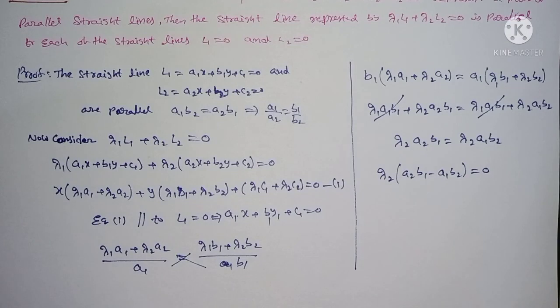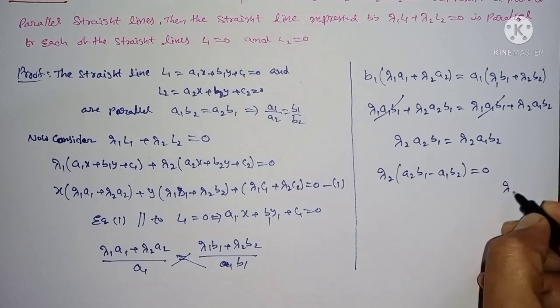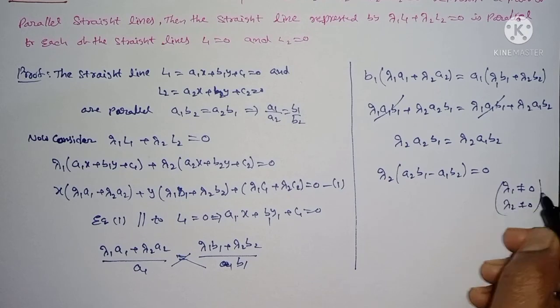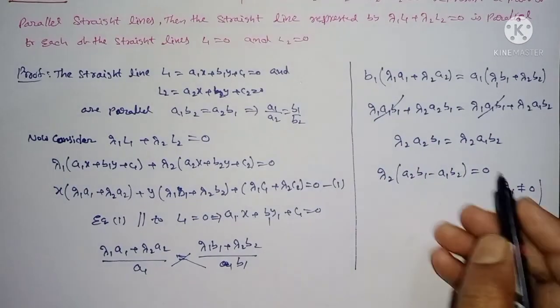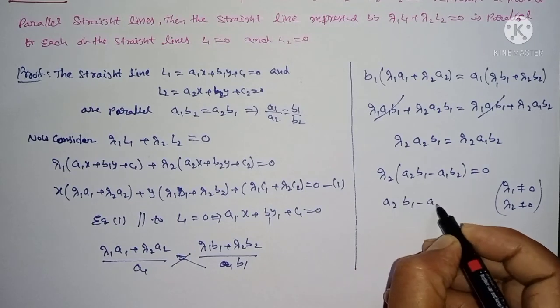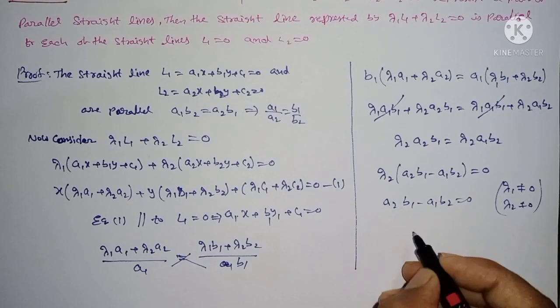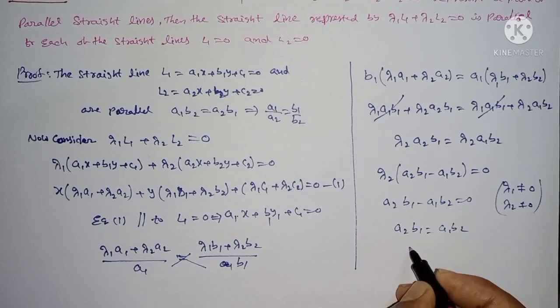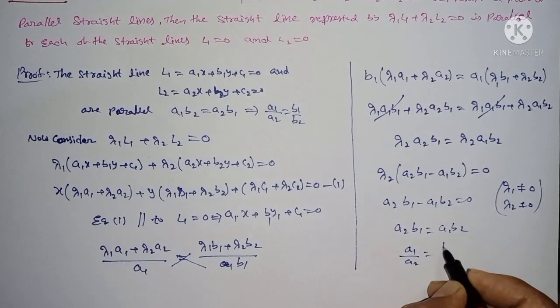Lambda 2 is not equal to 0, because if it is 0 there is no meaning. Therefore, a2 b1 minus a1 b2 is equal to 0, so a2 b1 is equal to a1 b2, that is a1 by a2 is equal to b1 by b2.